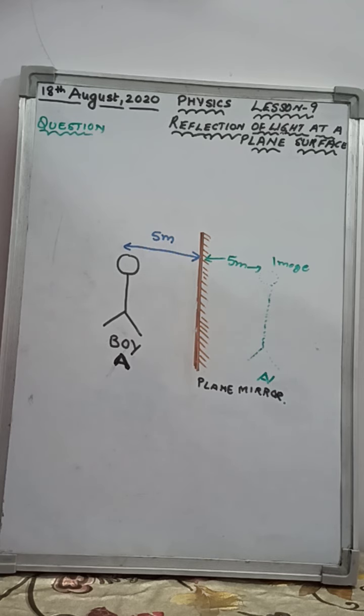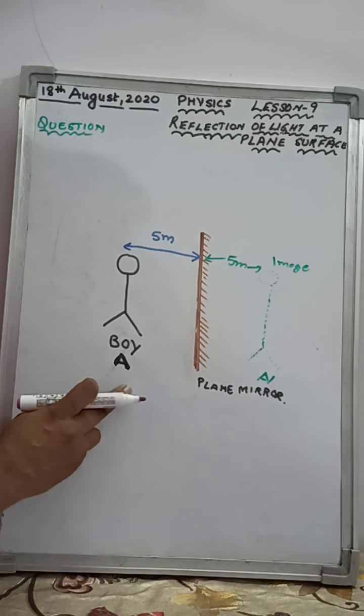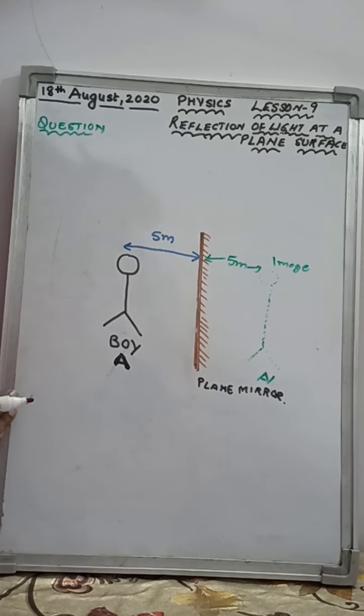Now the question says that if he moves to position B by a distance of 2 centimeter still further away from the mirror, his distance from the image will become what? And then you draw the diagram. So the boy is over here, 5 meter from the plane mirror. Now you shift 2 meter.